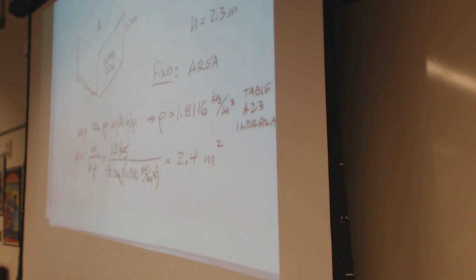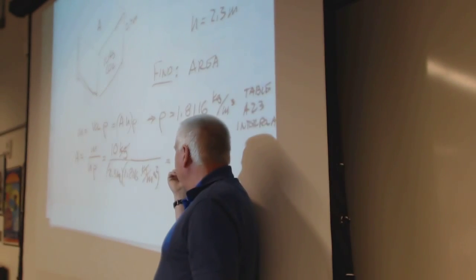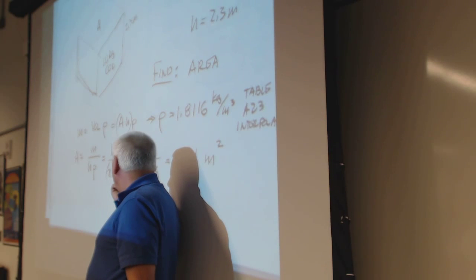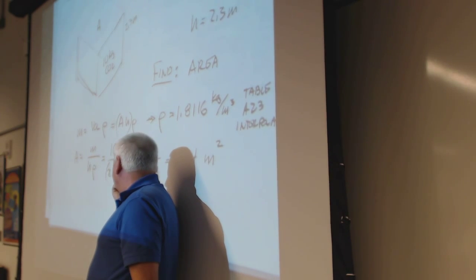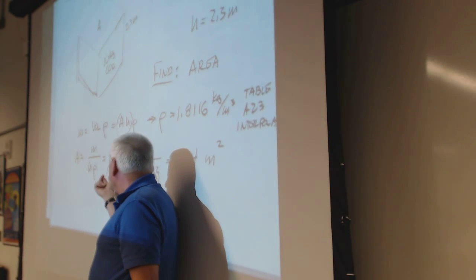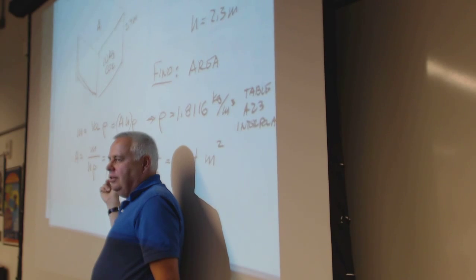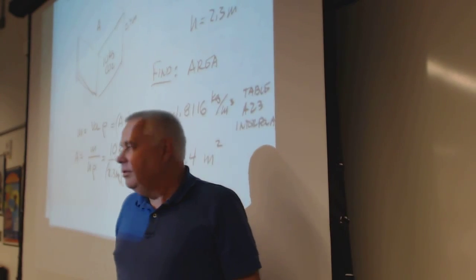Since the 10 kilograms only has 2 digits of precision, I only expect this to have 2 digits of precision. This also has only 2 digits. This had 4 digits, maybe even more precise than all those things. That's good, but that doesn't drive it. The least precise thing is going to drive how much precision we have.